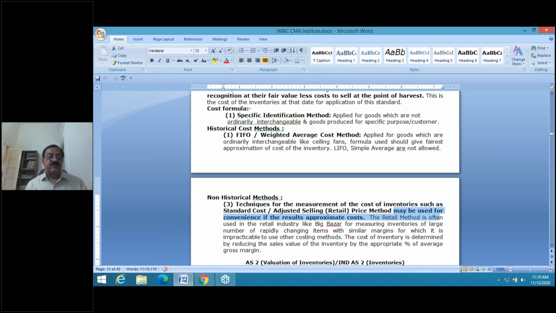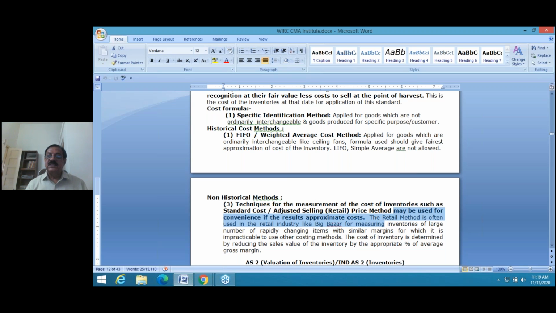It is often used in the retail industry like Big Bazaar. If you go to Big Bazaar, they have shops in a number of units, so how can they sell and measure the cost as per the FIFO method? Not possible. So how will they measure? They will go as per the adjusted selling price method.